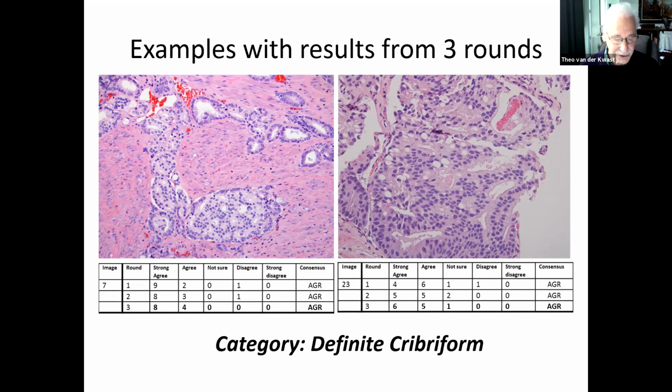For image 23, the right image, for instance, there was 1 disagreement in the first round, but in all other rounds there was no disagreement, and everyone agreed that there was consensus that both images actually represented cribriform pattern.